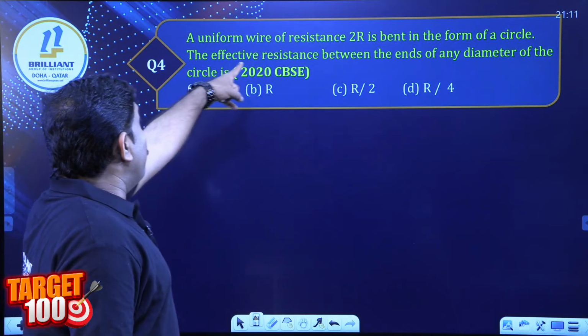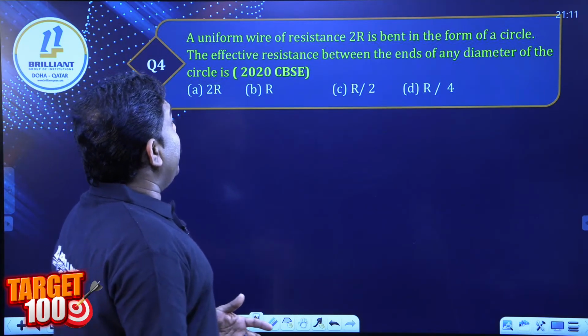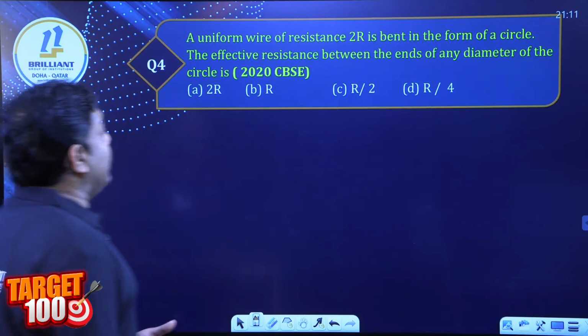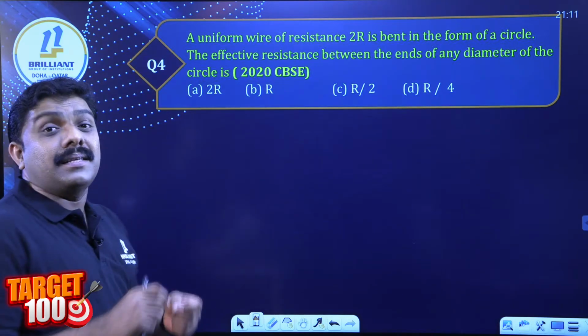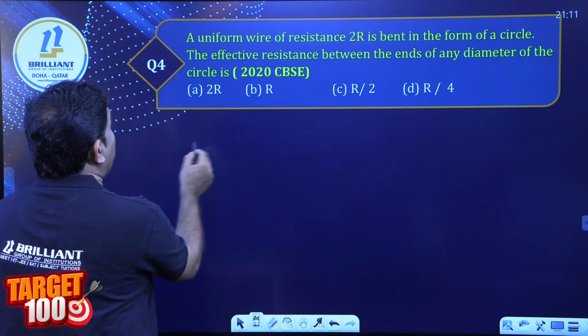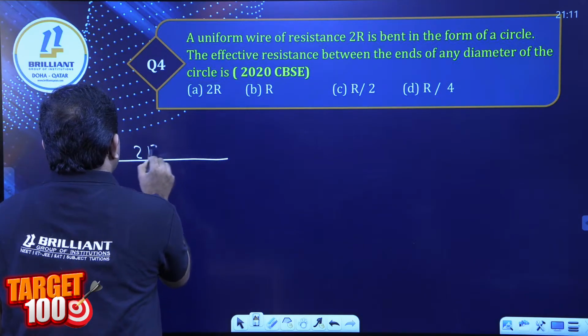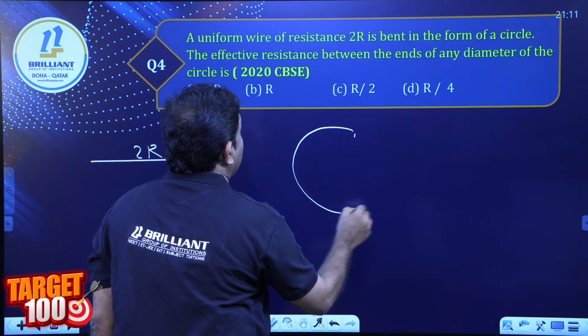A uniform wire of resistance 2R is bent in the form of a circle. The effective resistance between the ends of any diameter of the circle is? So here there is a uniform wire having resistance 2R, and it is bent in the form of a circle.